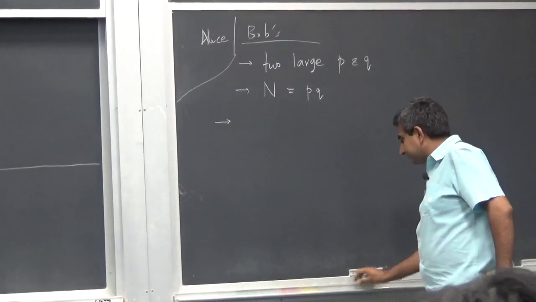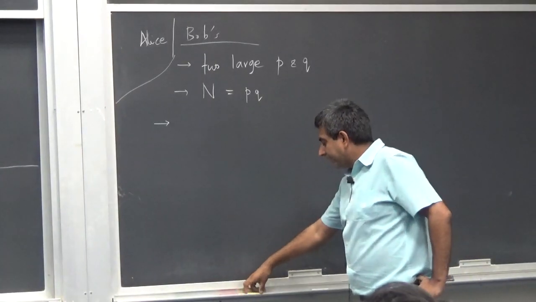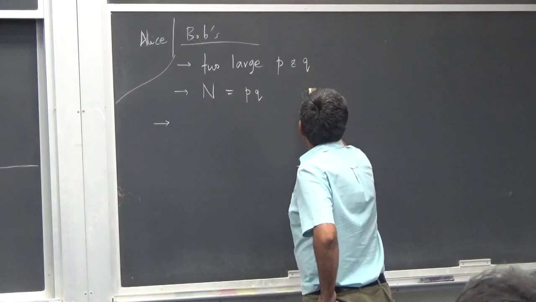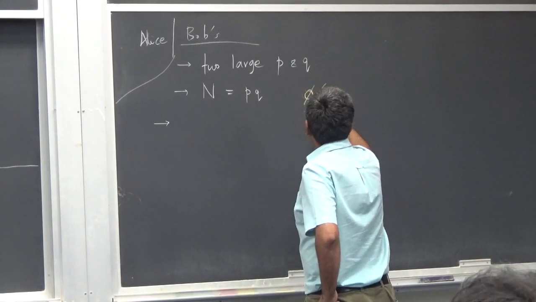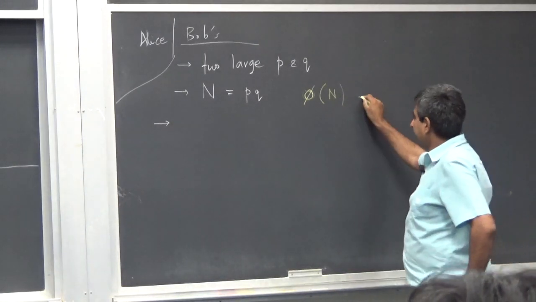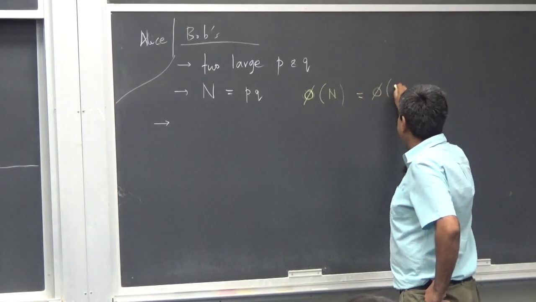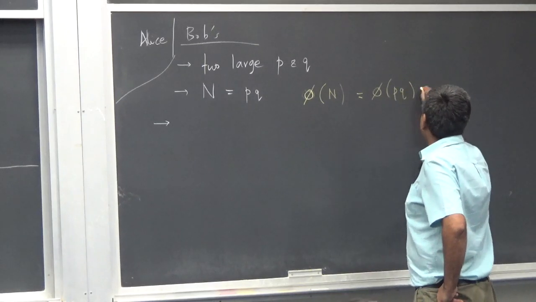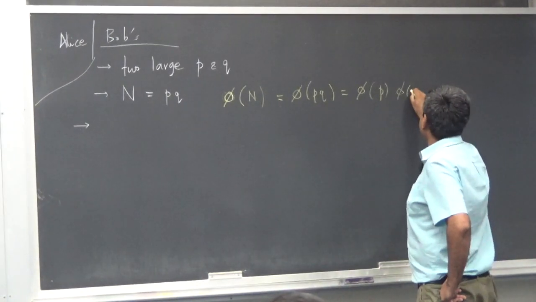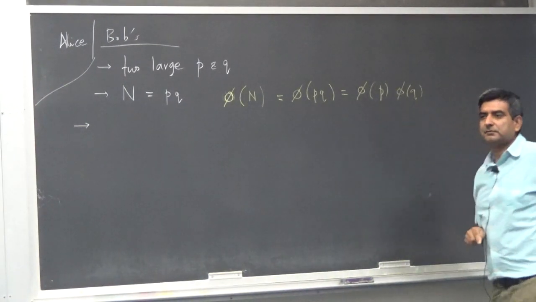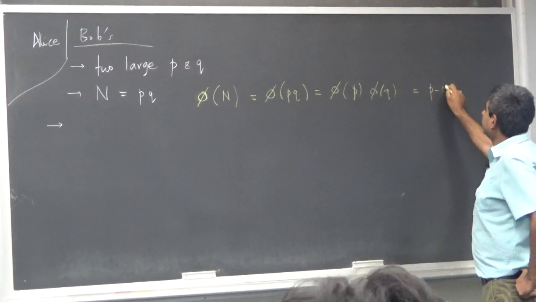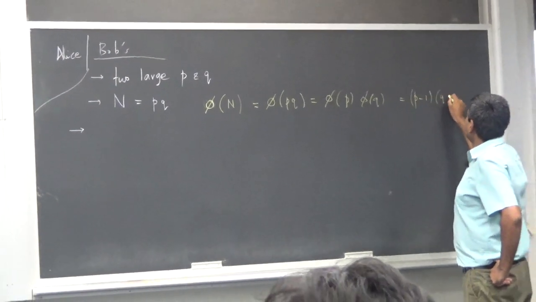Okay? And then what Bob does is the following. First of all, you need to remember that the Euler phi function for n, in our previous lecture we saw, is equal to the product of the Euler phi functions of the two primes. Each one of these equals P minus 1, and Q minus 1.